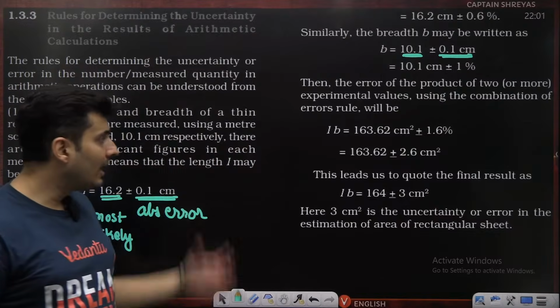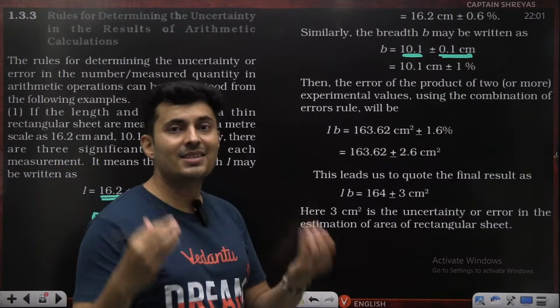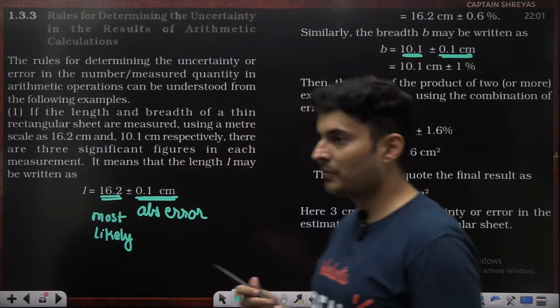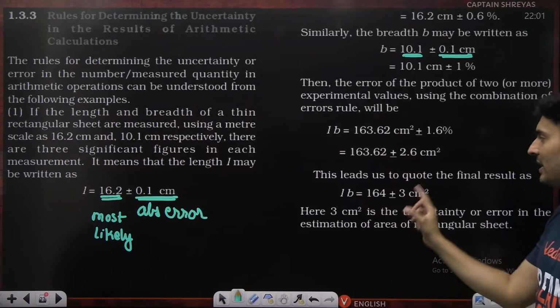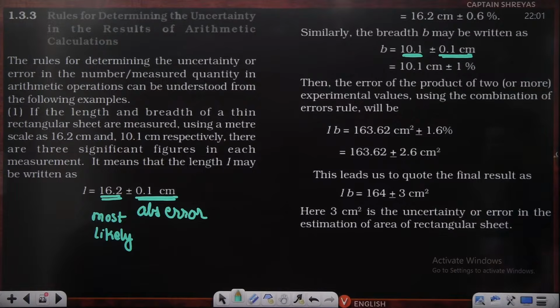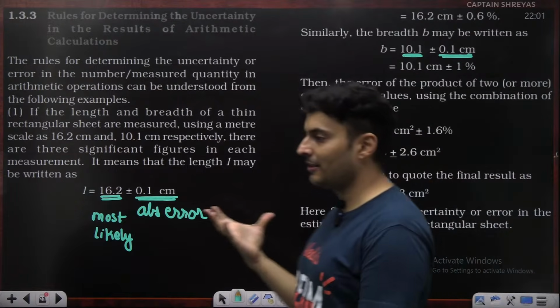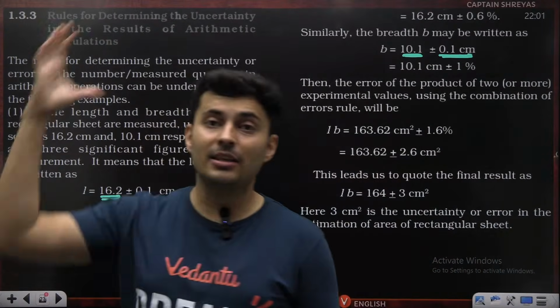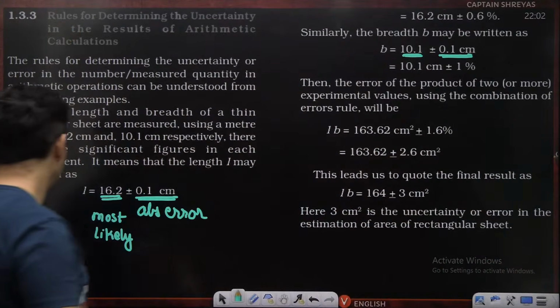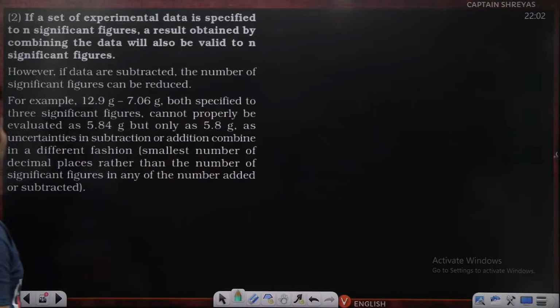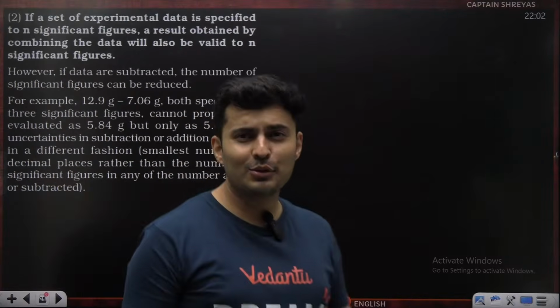So the final area will also have a certain amount of error in it, some centimeter square of area. So how to calculate that uncertainty when another quantity depends on more quantities which have error in it? The answer to that is with some rules. So what are those rules?